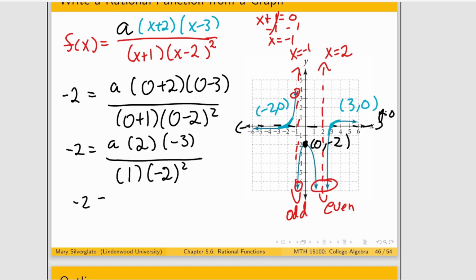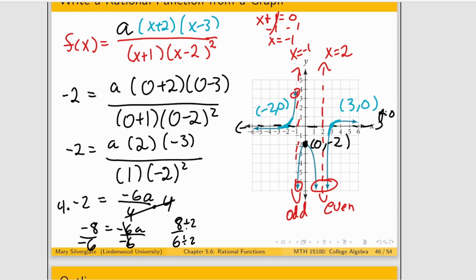So I have -2 is equal to a times 2 times -3, which is -6, over 1 times (-2) squared. -2 squared is 4, times 1 is 4. Now I want to undo dividing by 4 by multiplying by 4 on both sides. So -8 is equal to -6 times a. Get rid of multiplying by -6 by dividing by -6. -8 over -6 simplifies to positive 8 over 6, which then further simplifies by dividing by 2 to 4 over 3.